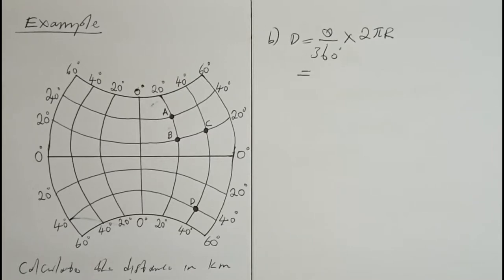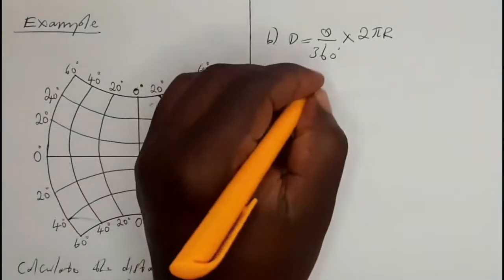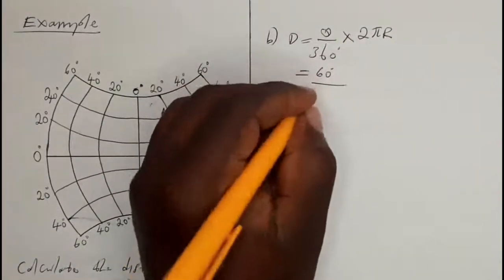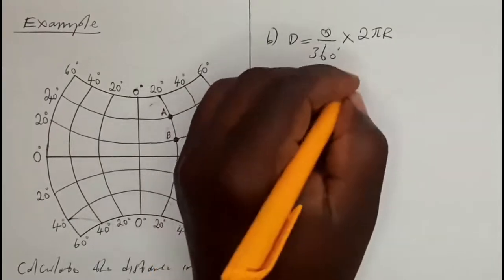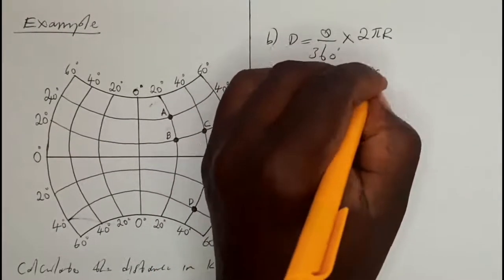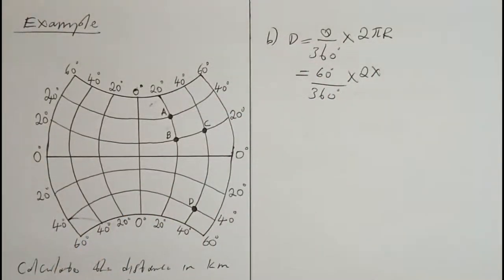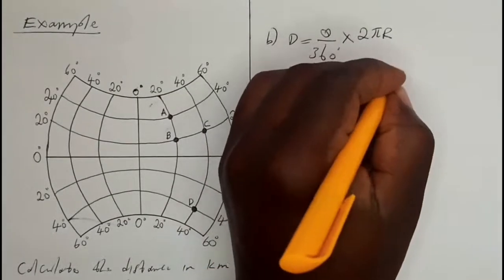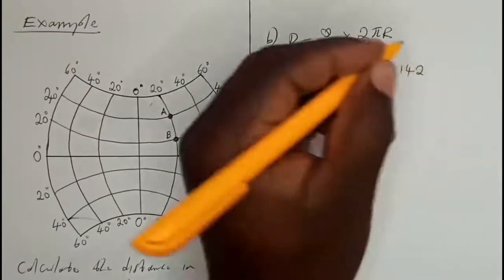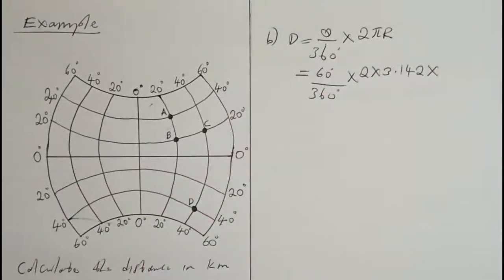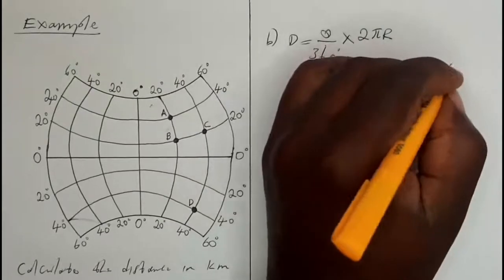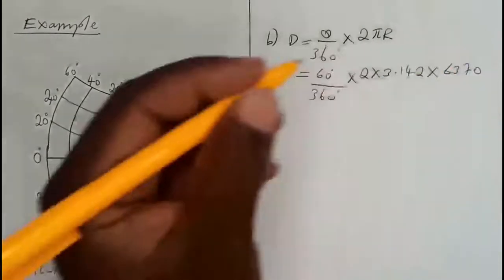So their difference in latitude is 60 degrees, divided by 360 degrees times 2 times pi, we know it's a constant, 3.142, then times the radius of the earth. This question is saying calculate the distance in kilometers, meaning we use the one that is in kilometers, which is 6370.